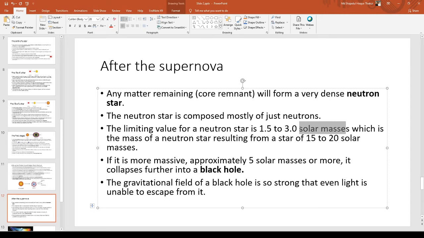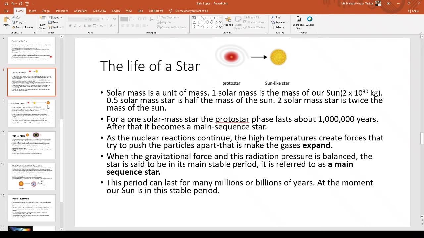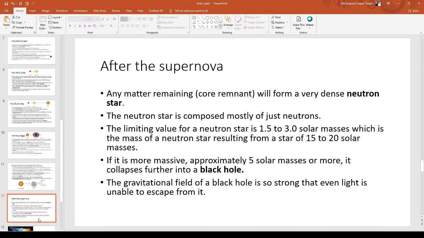Solar mass is a unit of mass, a very large unit of mass, just like light year is a large unit of distance. One solar mass is the mass of our sun, which is 2 times 10 to the power 30 kg. So understand, the limiting value of the neutron star is 1.5 to 3 solar masses.